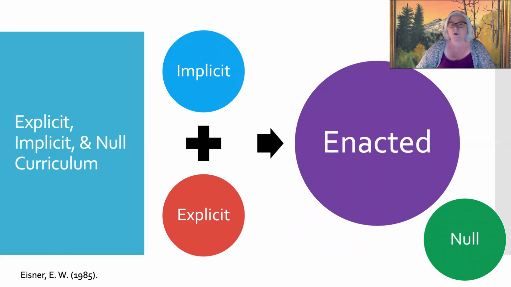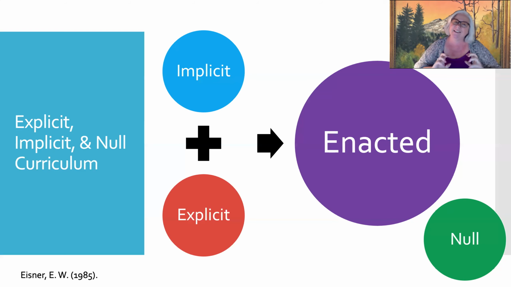Okay, so I'm going to end this video with this conversation about the explicit, implicit, and null curriculum. And then in the next video, I'm going to go into these in depth. So enacted curriculum basically is the result of what we consider implicit and explicit curriculum. Explicit meaning what you can see and what's actually there.